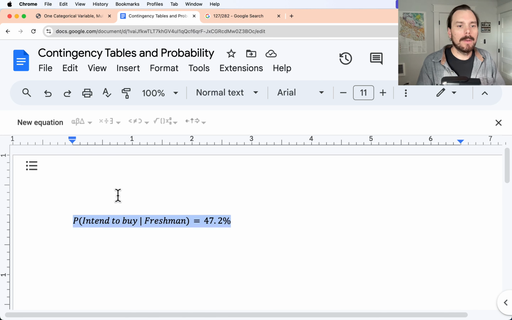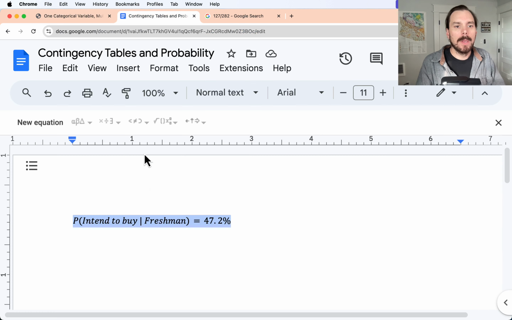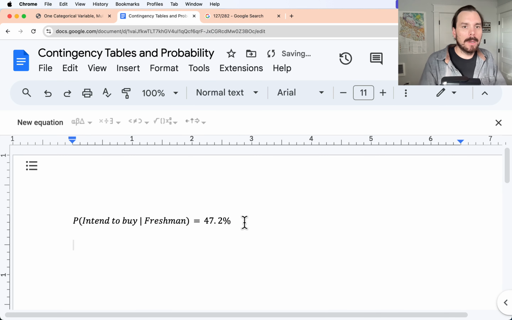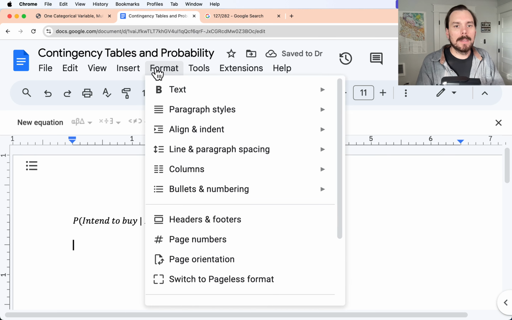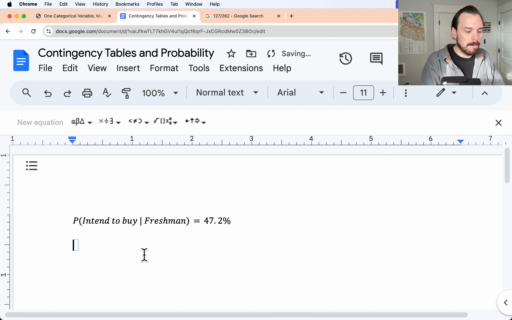You might see some other notations like the and or probabilities, but those really aren't as useful to us here. But we could do an and probability. For example, the probability or percentage of people in this survey who are freshmen that intend to buy, in other words, meeting both criteria. That would be that probability.